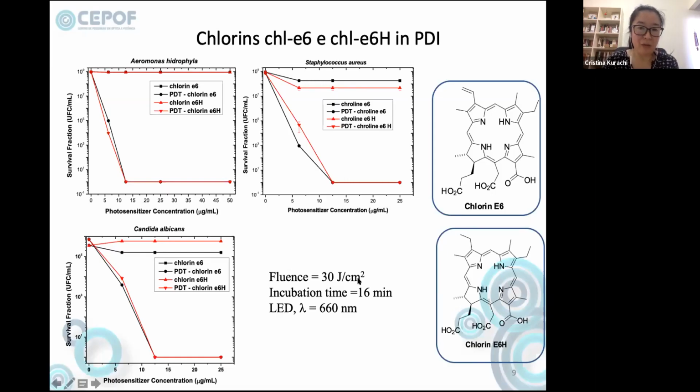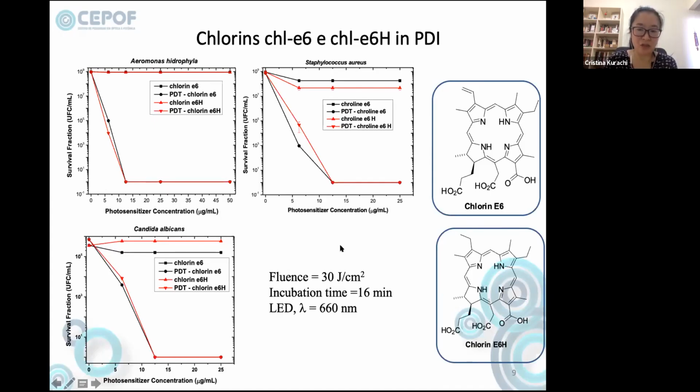But what I want to show you guys here is that with different types of bacteria, this one is gram-negative, Staphylococcus aureus is gram-positive, and this is Candida albicans, which is a fungal organism, we can look at these different photosensitizer concentrations.